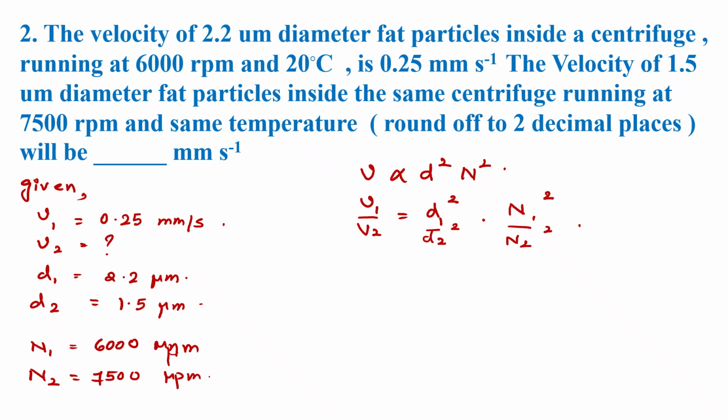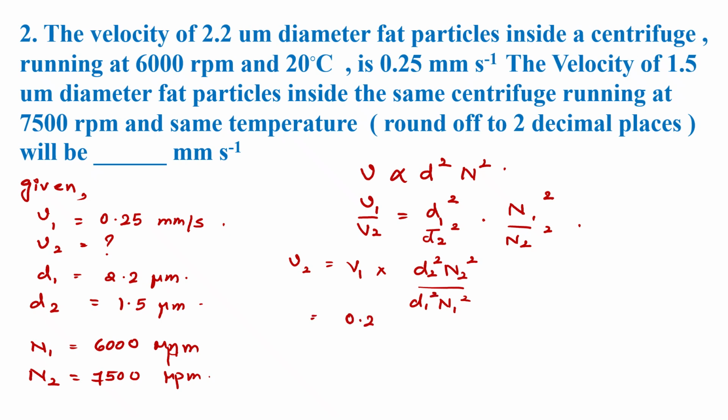We'll just put the values over here and calculate V2. So V2 will be V1 into D2 square N2 square by D1 square N1 square.